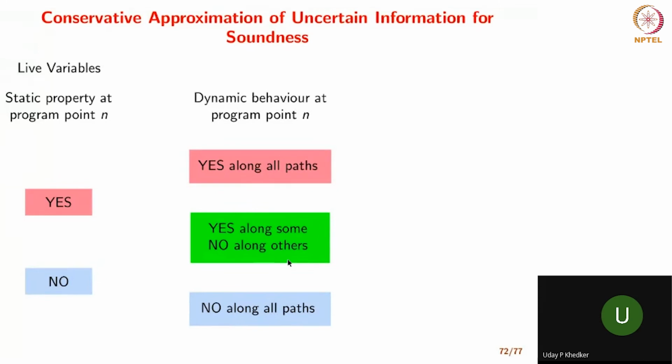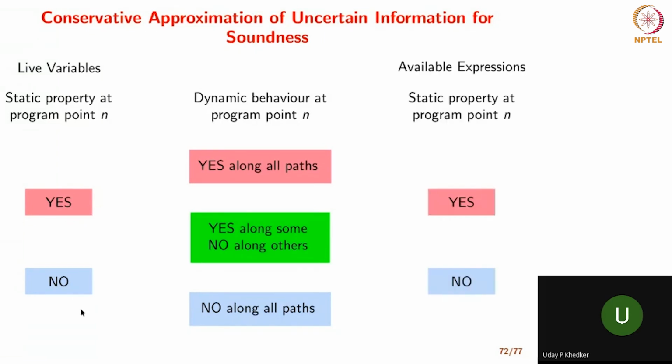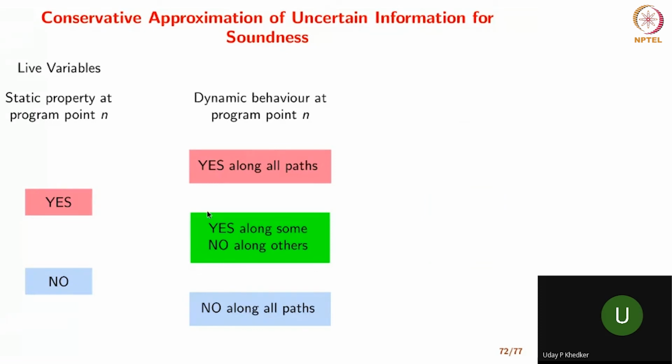This is possible. So how do we map this yes and no? Yes seems to be definite, no seems to be definite, but actually there is an uncertainty here because we are doing flow sensitive analysis. We are combining the information.